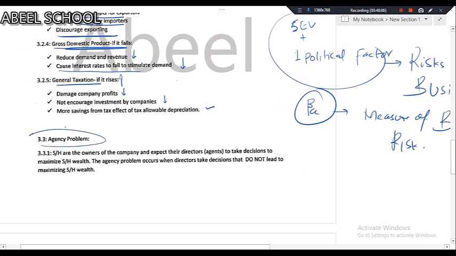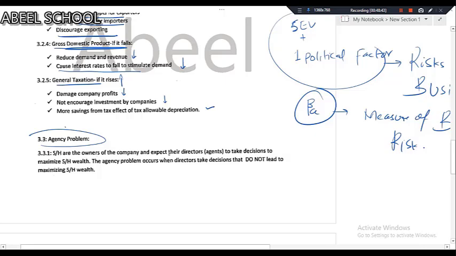Agency problem. Basically, agency problem arises when shareholders believe that due to decisions of the BOD, the wealth of shareholders has been damaged.